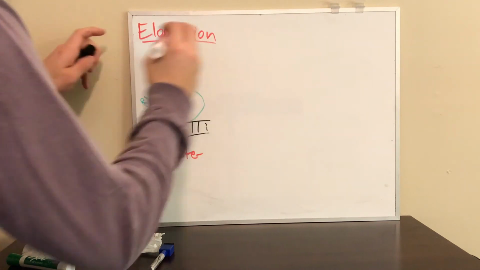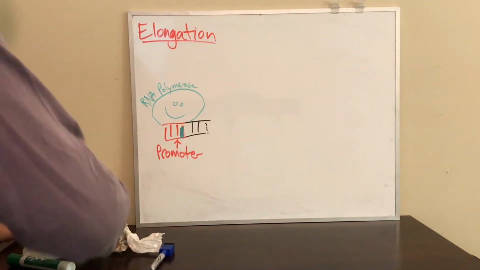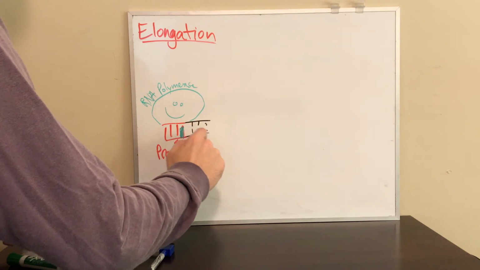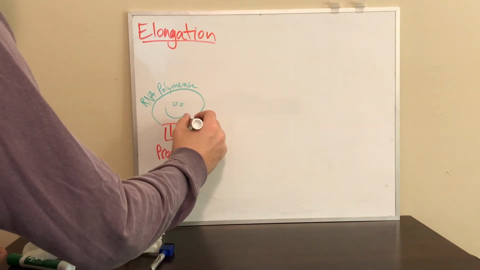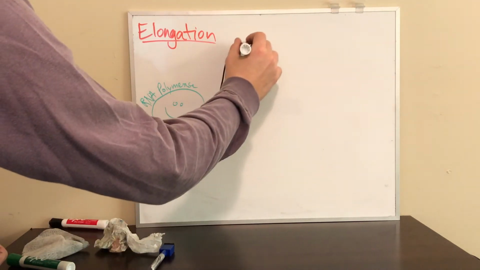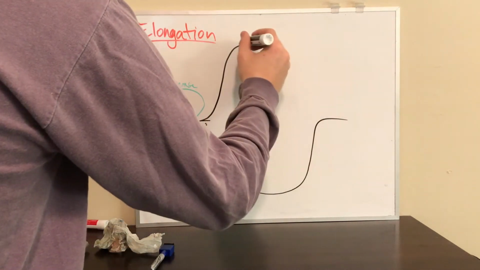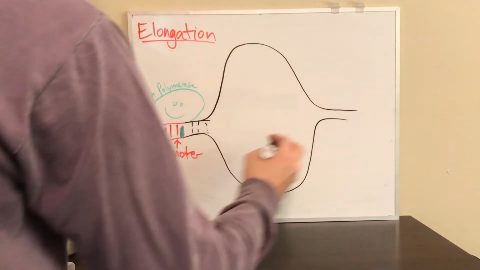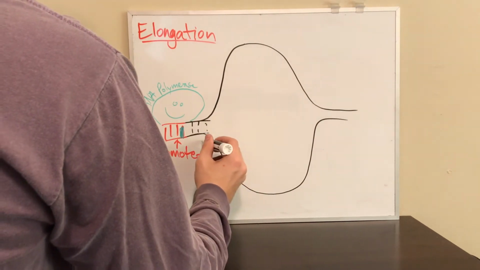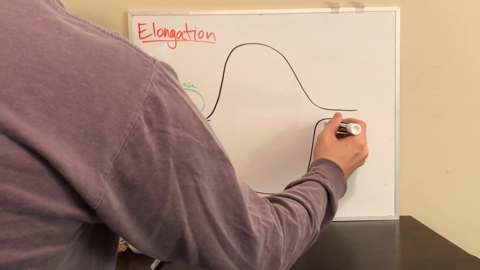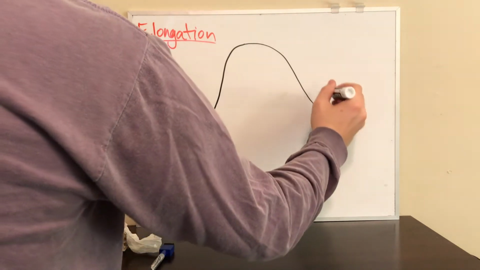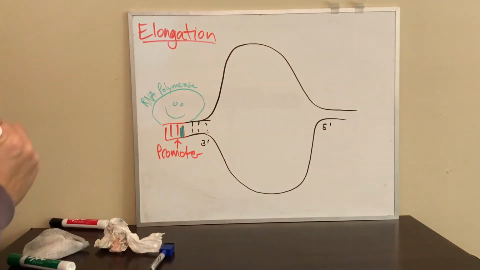Similar to how there is a process in DNA replication called elongation. All right, in this step, RNA polymerase begins this process by unwinding the DNA around 13 base pairs at a time, and it reads the template strand in the 3' to 5' direction.